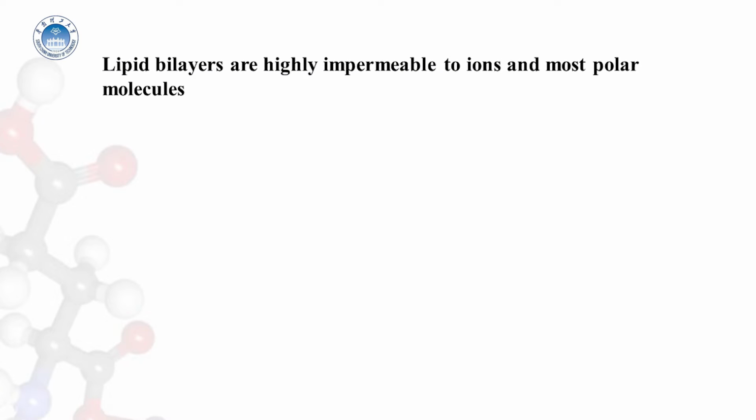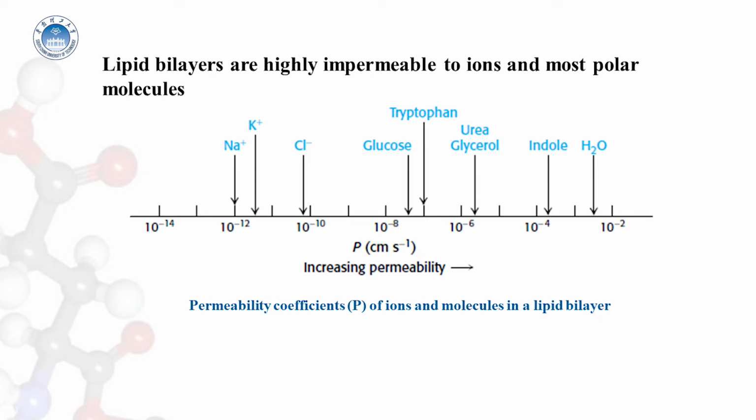Permeability studies of lipid vesicles and electrical conductance measurements of planar bilayers have shown that lipid bilayer membranes have a very low permeability for ions and most polar molecules. Water is a conspicuous exception to this generalization.